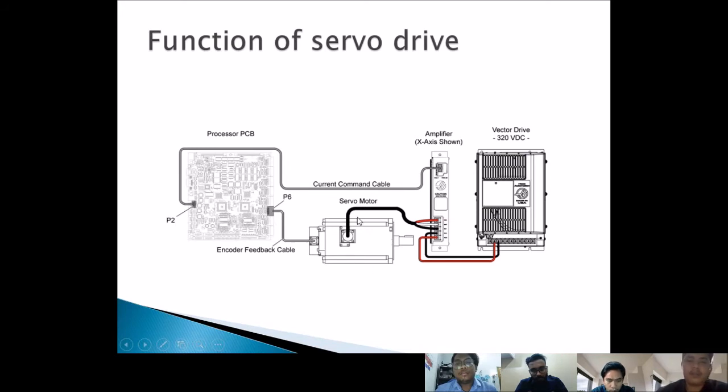The servo motor is connected to the amplifier, the vector drive, and it gives the current command cable through the processor PCB that is connected.